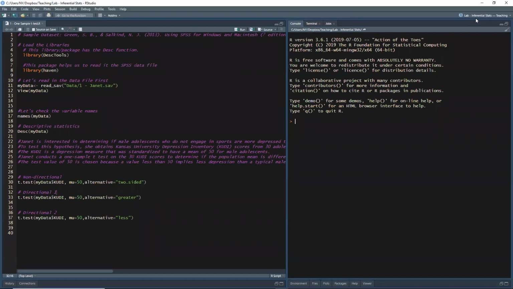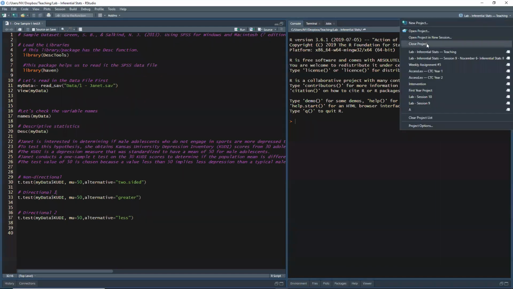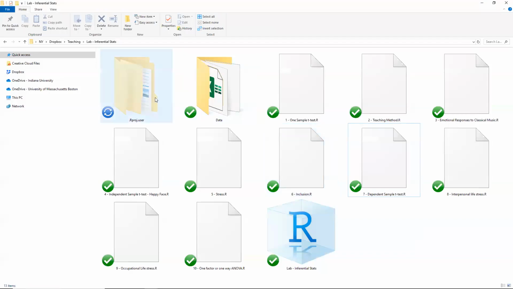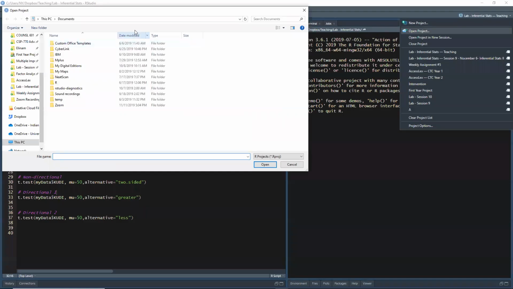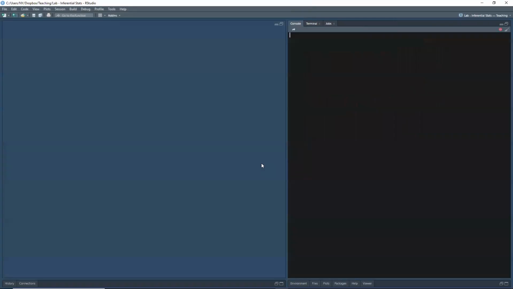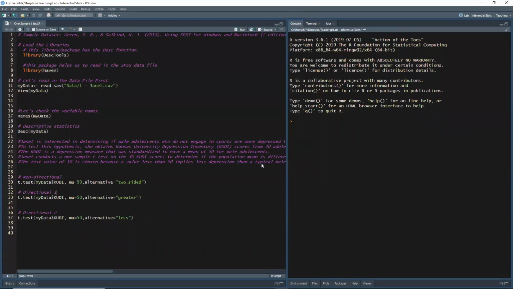And again, go to top right and click open project. And let's get the folder path, and then paste that here, open it, and click this one, and open it. Okay.